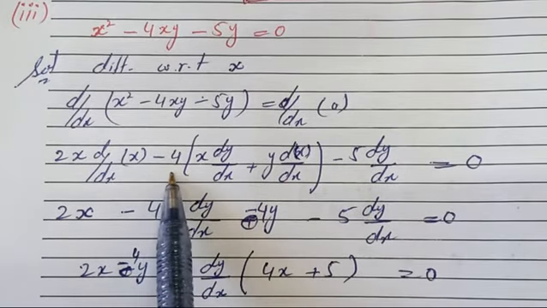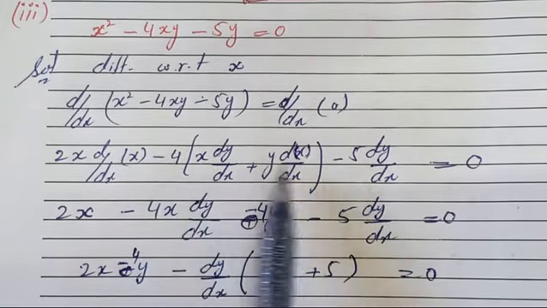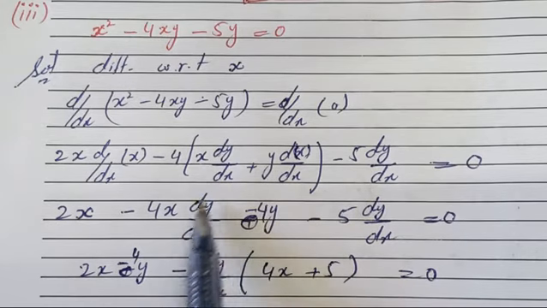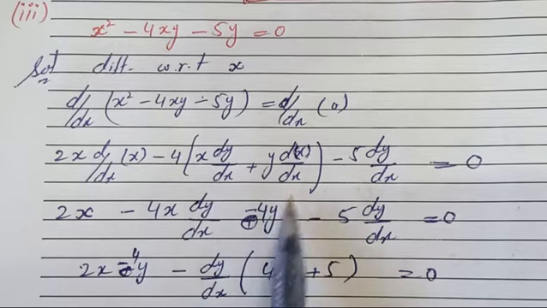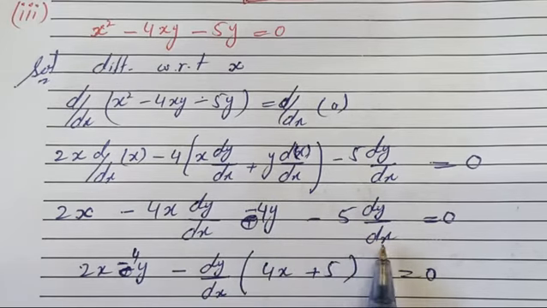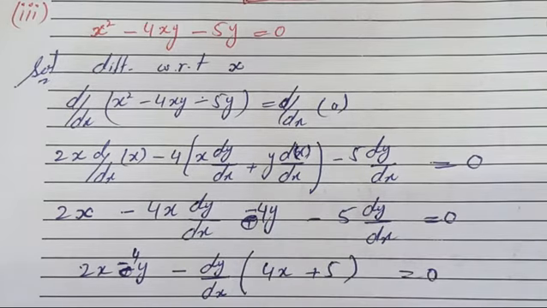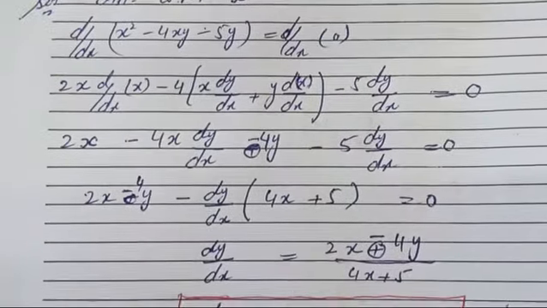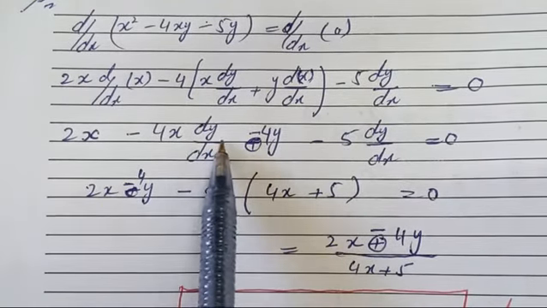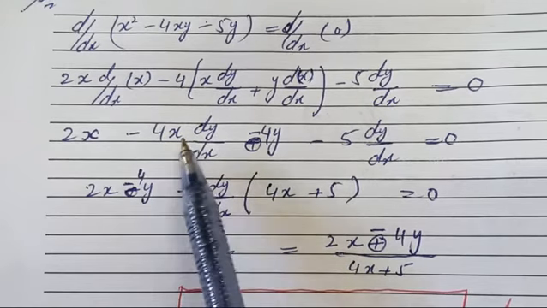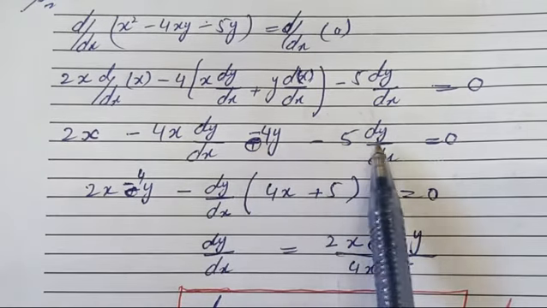Now this minus 4 is multiplied with both: minus 4x dy over dx minus 4y minus 5 dy over dx is equal to 0. So now in next step, 2x as it is, minus 4x dy over dx minus 4y minus 5 dy over dx.